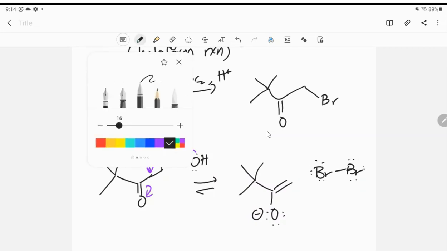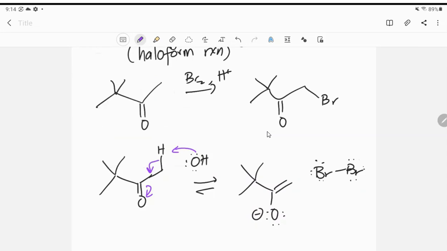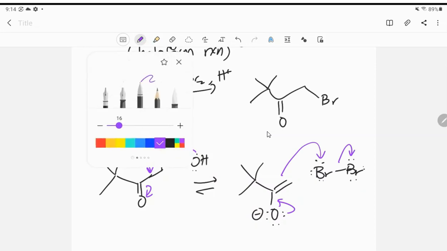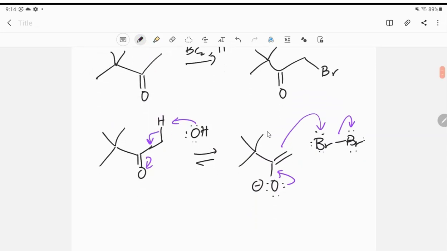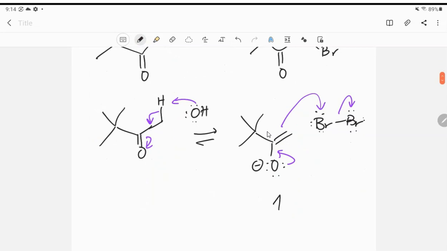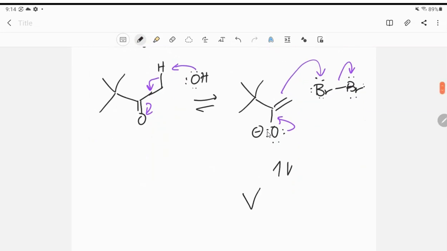Apparently I'm using purple arrows today, so that's what we're going to do. And so now we end up with our brominated species here. And of course we lose a bromide ion, which will be picked up by the sodium.